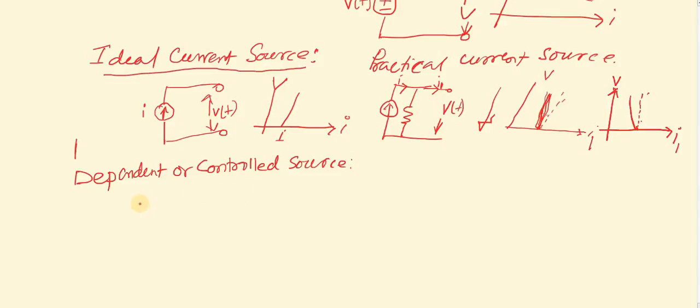The actual symbol for an ideal voltage or ideal current source is like this. This is the symbol, this is the ideal voltage source. This is the practical one. This is the dependent or control source, the dependent voltage source.